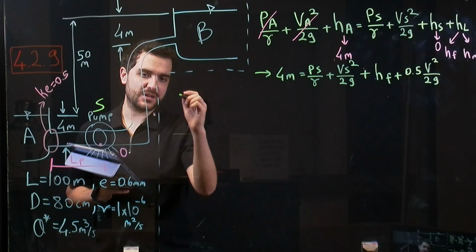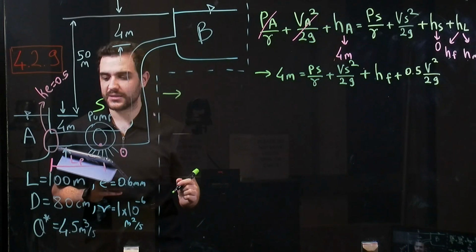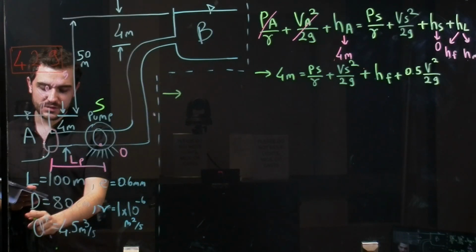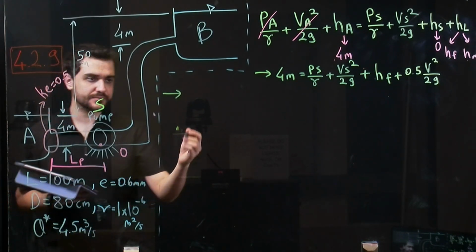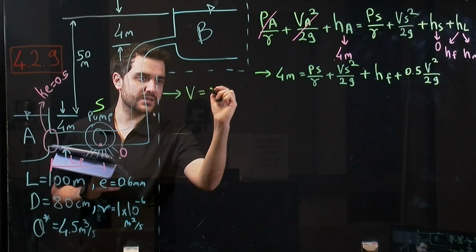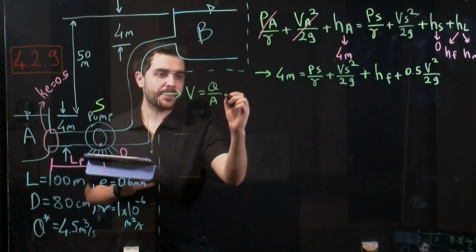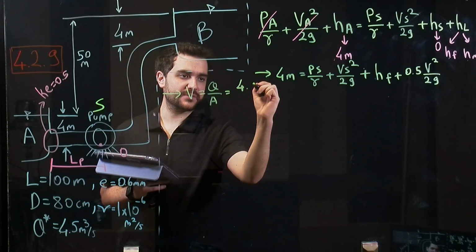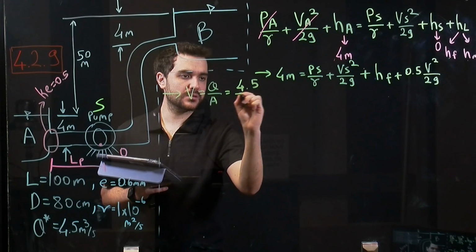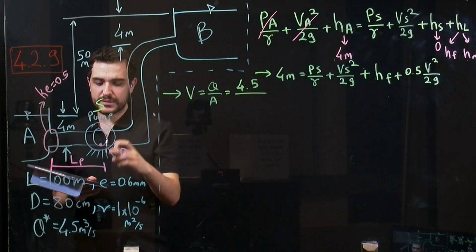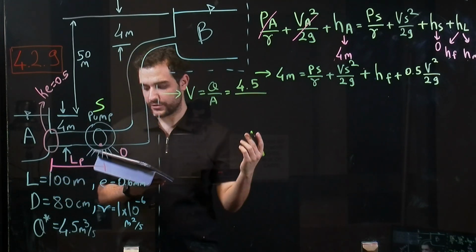So here we have velocity, and we can actually find that because we already know the flow rate here. So V is equal to Q over A from continuity equation. Q is 4.5 and area is pi d square over 4.